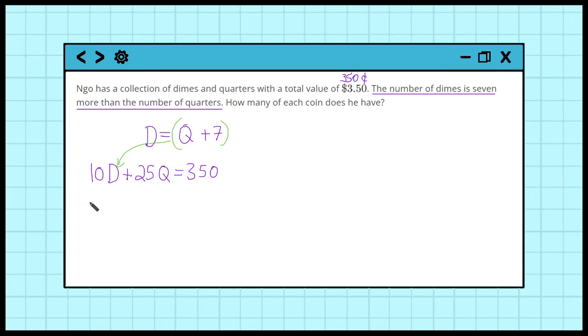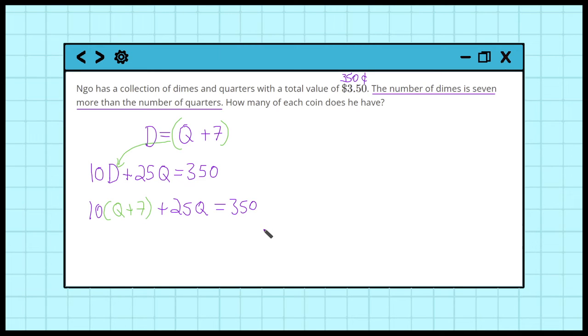So now I have 10 times (Q plus 7), and then I have plus 25Q and equals 350, which all carry down. So we're replacing the number of dimes with its relationship with the number of quarters.